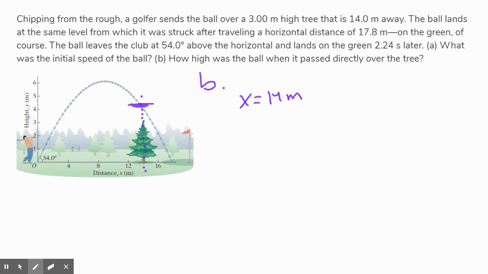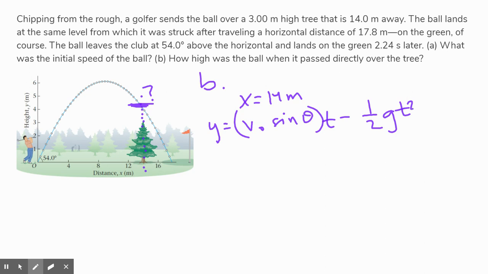So we want to know what's going on right here. Well, if we go back to those equations, we should be able to find one we can use. And in this case, we're going to use y equals v naught sine theta multiplied by t minus 1/2 g t squared.